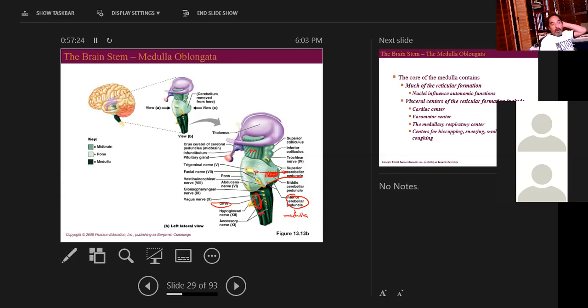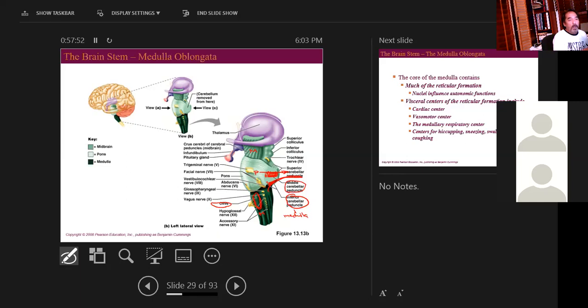So that's where the pons will communicate into the cerebellum. To connect from the medulla into the cerebellum, it goes through what we call the inferior cerebellar peduncle. Now for the pons, it will pass through what we call the middle cerebellar peduncle.